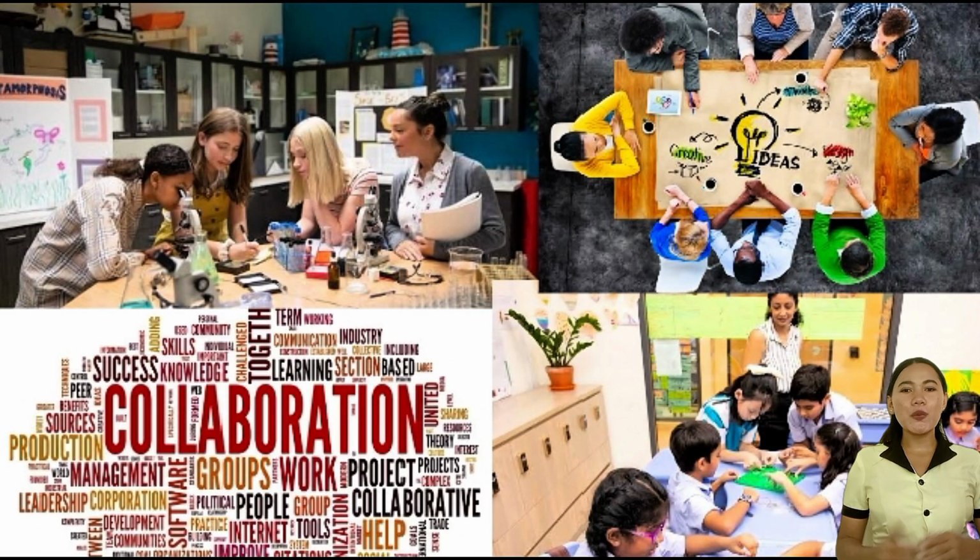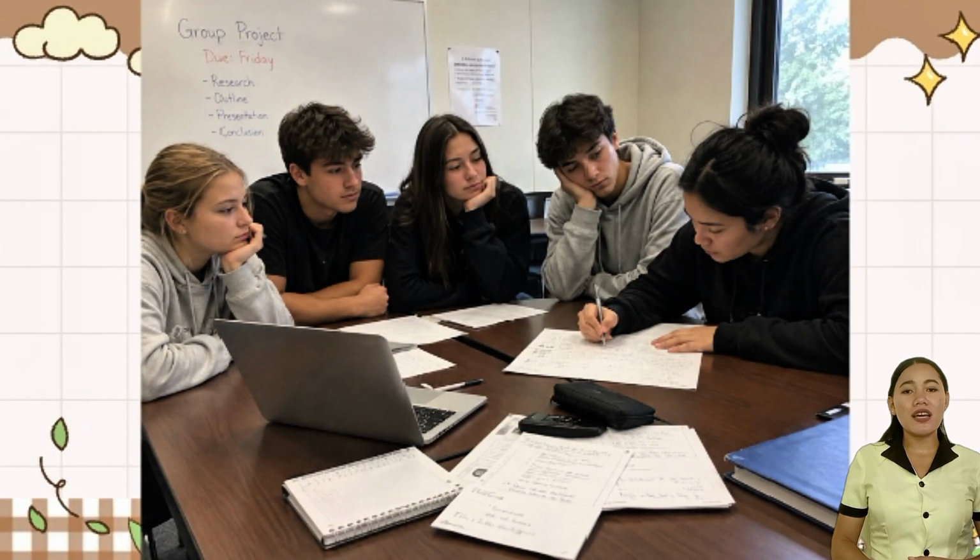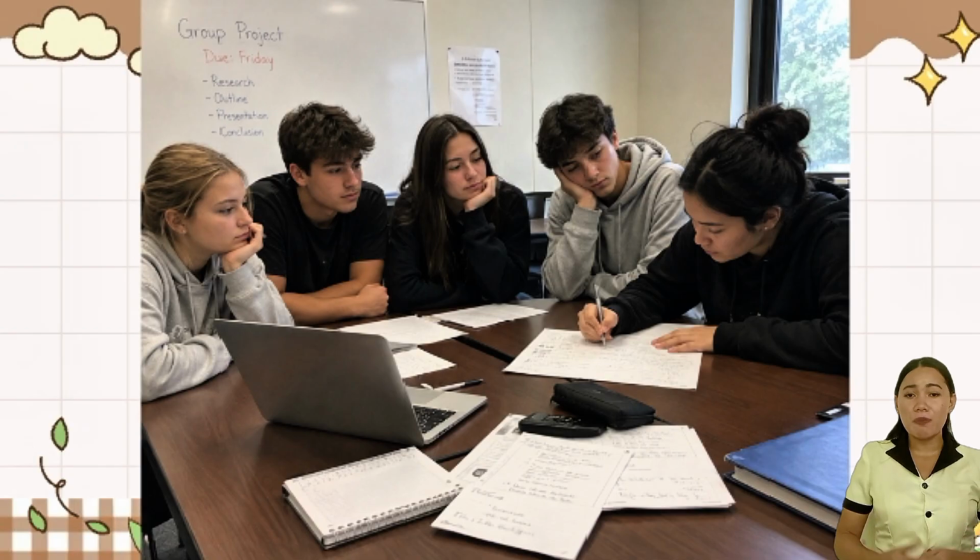At this point, we can see that collaborative learning is more than simply placing students in groups. Imagine five students sitting at the same table, but only one student is doing all the work while the others simply watch. So is that collaborative learning?